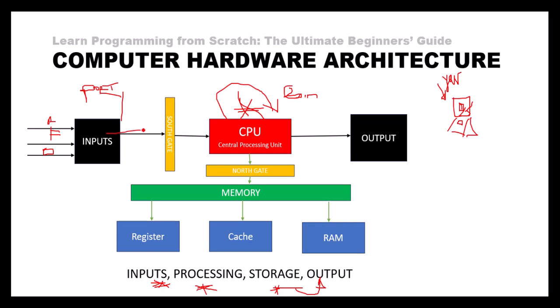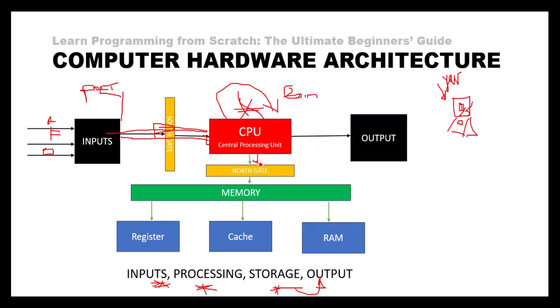When that information comes, it doesn't go directly into the CPU. It runs through this gate, called the south gate. And this path in black is known as a bus. All the cables that interconnect these components are known as buses. Buses just transport information from one component to another in a computer hardware system. Then that information comes to the CPU.